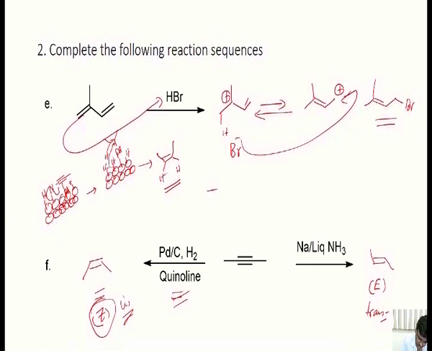When you have the alkyne and you react with sodium, it can give one electron to the alkyne and you will be able to form a radical anion.